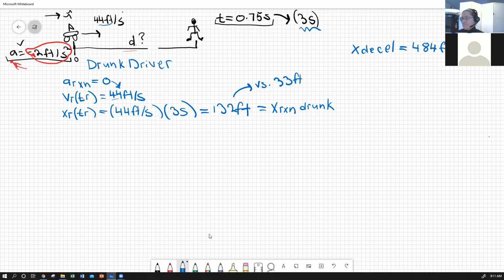Quick. And you don't have to calculate it. I think it's gonna be more than the normal guy. Actually, it's going to be the same, because the only difference between the drunk and the normal driver is when they applied the brakes. From the time they apply the brakes, that whole deceleration curve is the same.